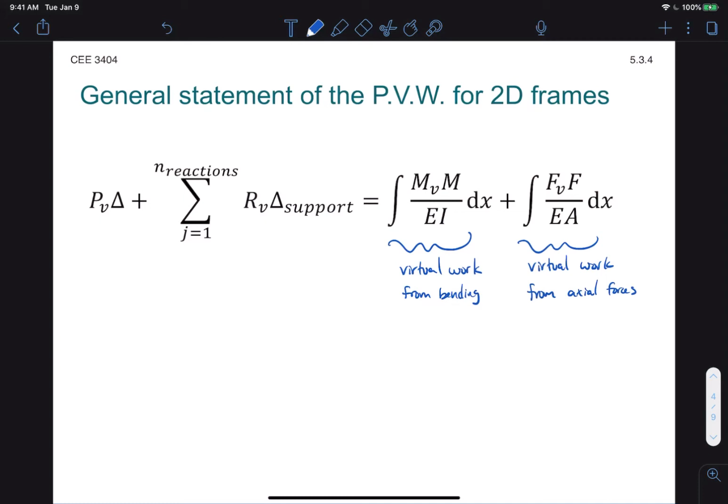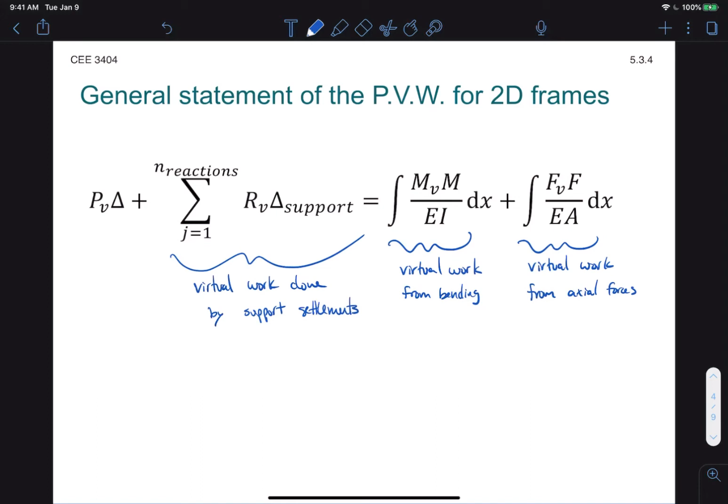And then on the left-hand side, for the external work, we have our usual PV times delta value, as well as I've added the work done by support settlements, which doesn't change from the expression we used in the truss case. So this is the most general equation you can have for virtual work.